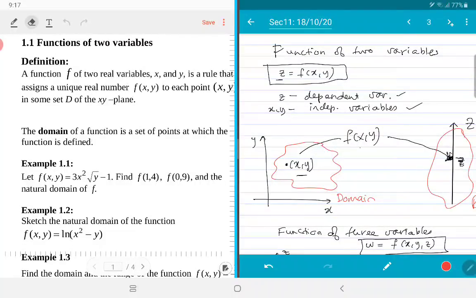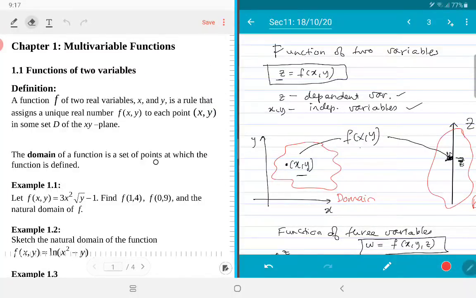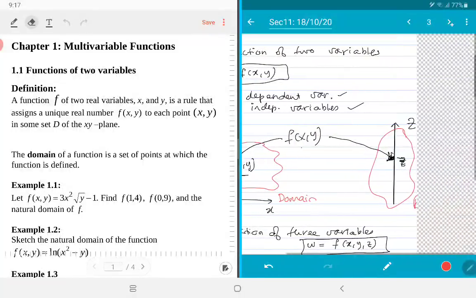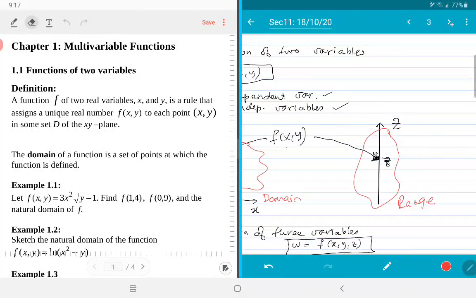The domain of a function is a set of points at which the function is defined. So here on the xy plane we have many points (x, y). So the set of points (x, y) that can make the function defined is what we call the domain. Okay, and the range would be all possible values of z.